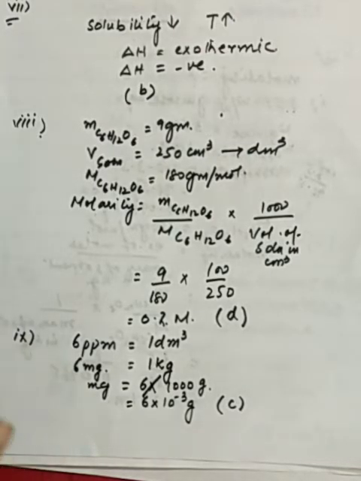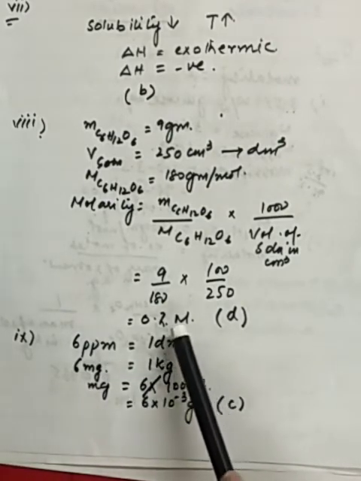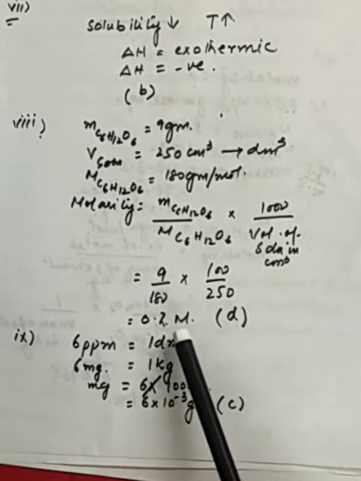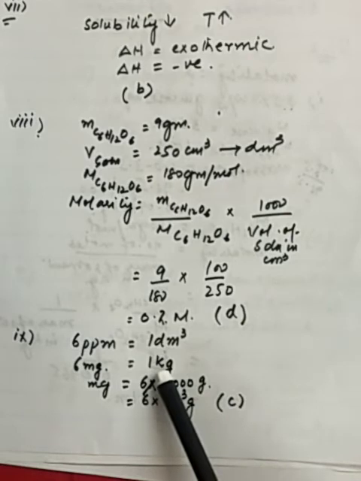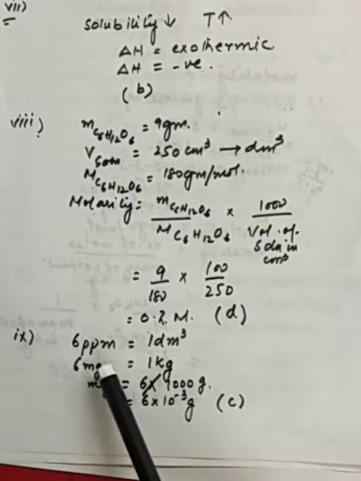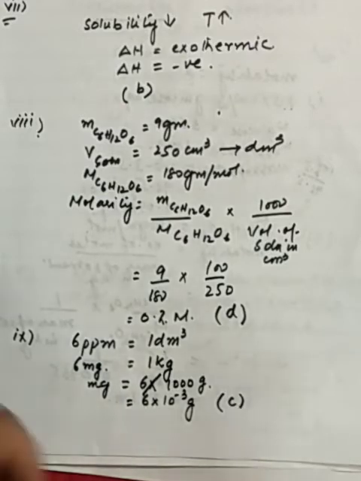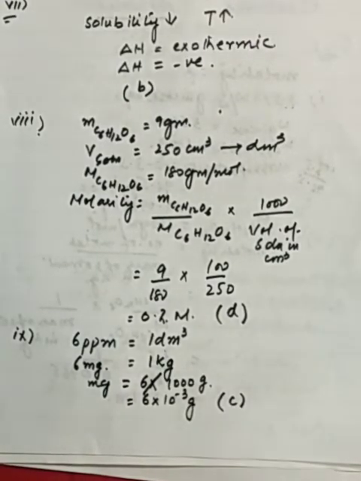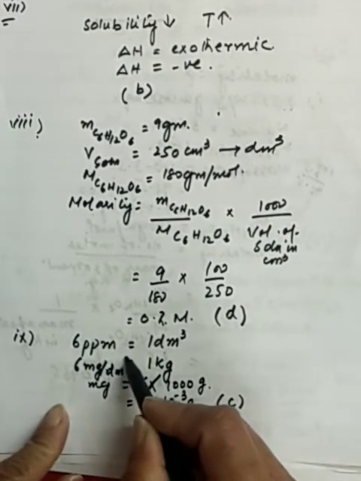In the question, the amount of oxygen dissolved is 6 ppm. The standard value of the volume of the solution is 1 decimeter cube, and 1 decimeter cube corresponds to 1 kg of the solution, and 6 ppm means that 6 milligram of oxygen is dissolved per decimeter cube.